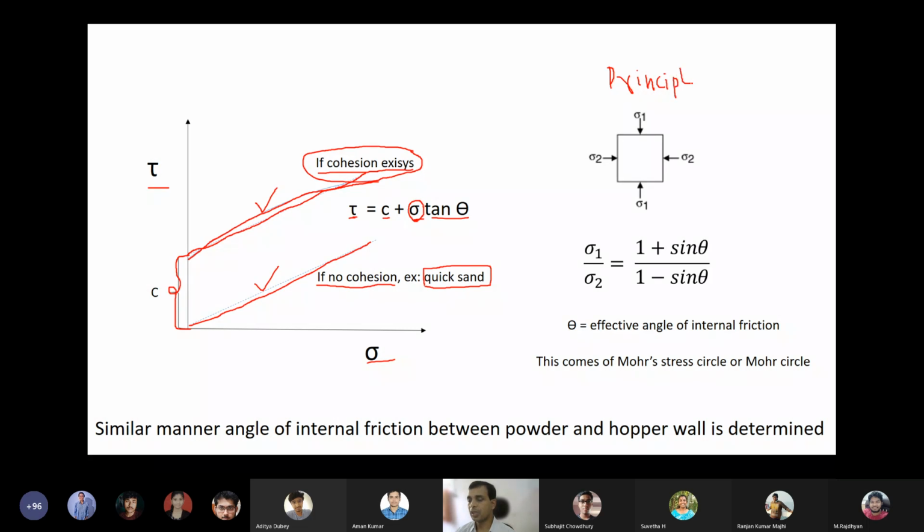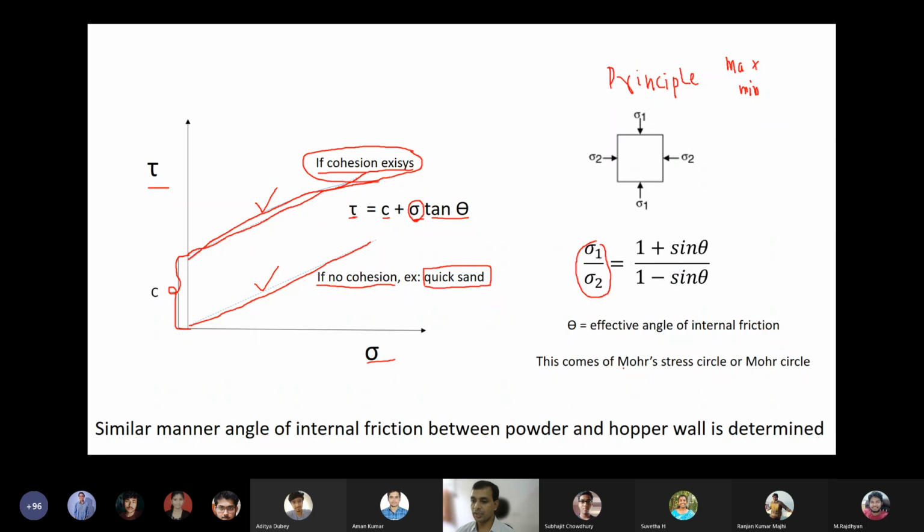One is maximum, another one is minimum. We might give a figurative way. Maximum goes in vertical and minimum can be horizontal for a two-dimensional plate. The maximum versus minimum stress ratio equals 1 plus sine theta by 1 minus sine theta.